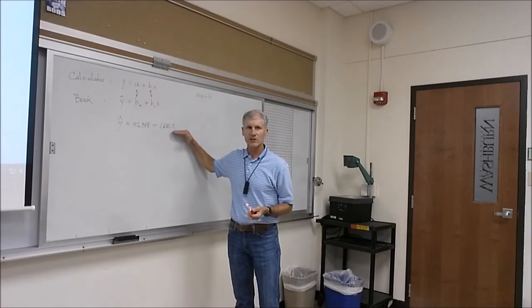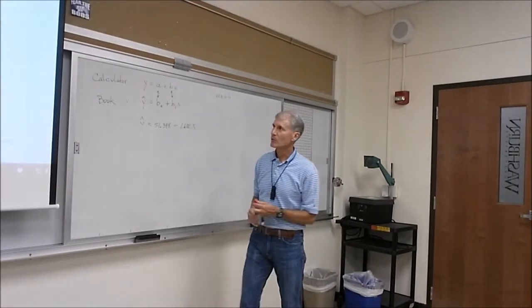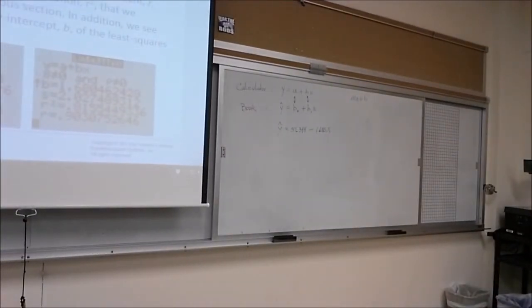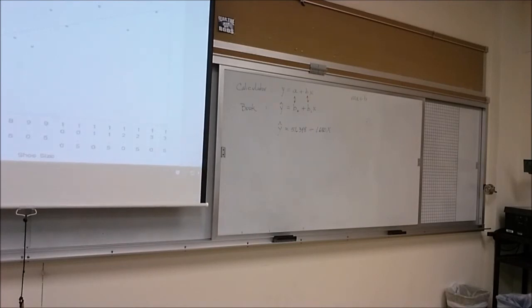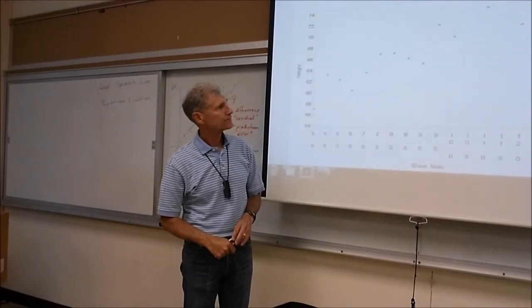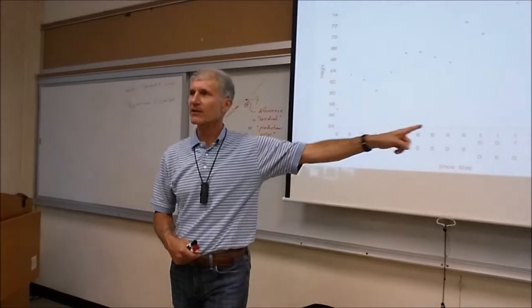So this is known as the regression equation, the line of best fit. And when I plot that line of best fit through the data, it looks like that. Okay? Everybody get that on their calculator?